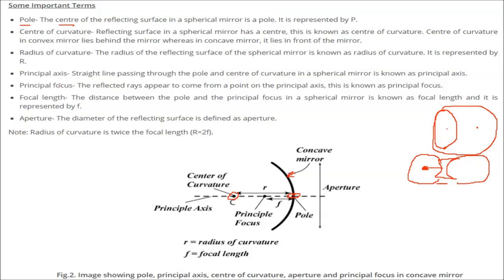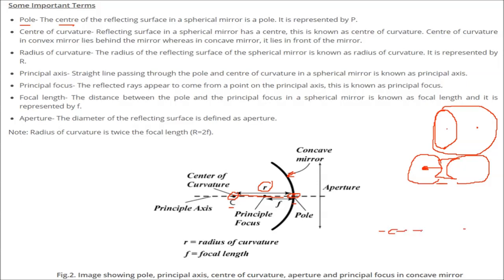Principal axis. What is the principal axis? Let me show you, from this point to this point, this is R. We are talking about the radius of curvature. Now what is the principal axis? The straight line passing through the pole and the center of curvature. The center of curvature is here, the pole is here.